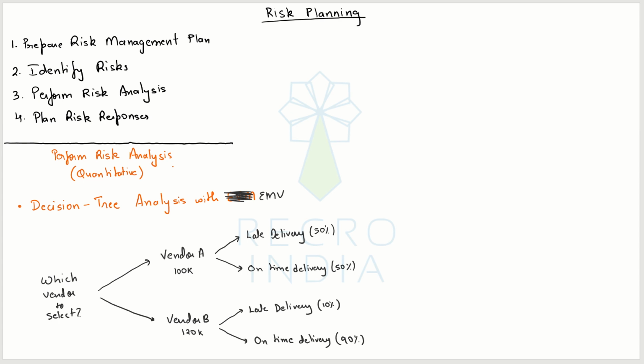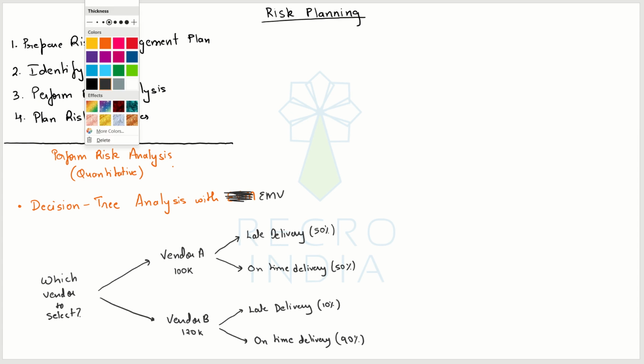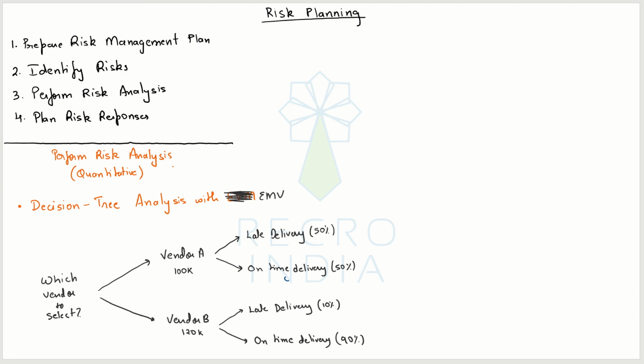Now, if they deliver on time, we don't have anything to worry about, as in there is no negative impact that we need to factor in. So I'll just put 0 here and 0 here. However, if the vendor ends up delivering late, then we possibly could be looking at, say, for example, $70,000 worth of losses in both the cases.